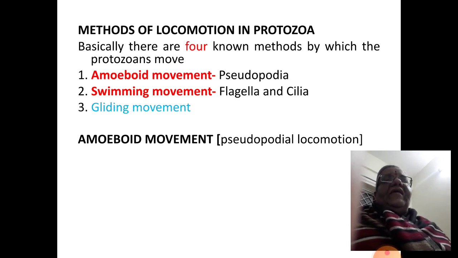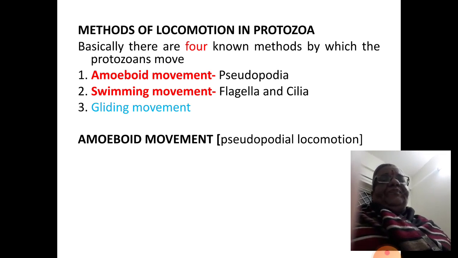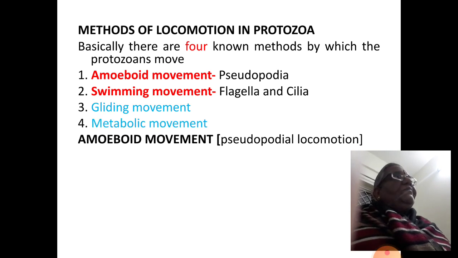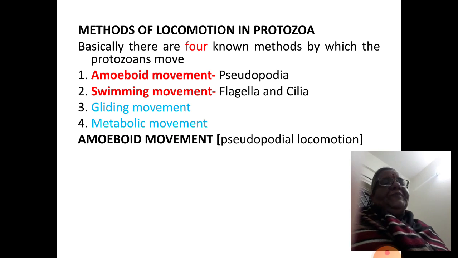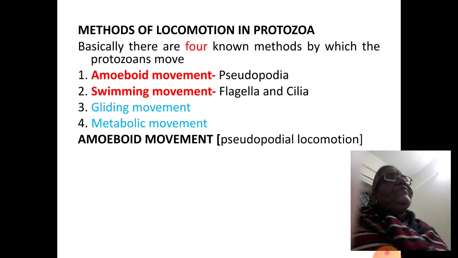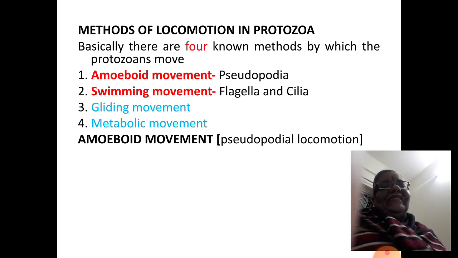Then, apart from these two major modes of locomotion, you do find gliding movement and metabolic movement. But as per your syllabus, you have to learn the first two types, amoeboid movement exemplified by pseudopodia and swimming movement exemplified by flagella and cilia.